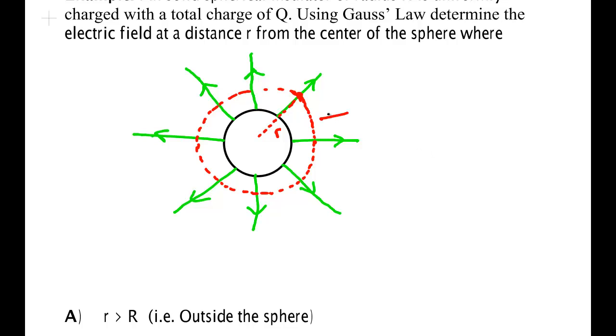That's my Gaussian surface. I'm going to want to know the electric field at each point along that surface. But by symmetry, if these lines are going out and spreading out equally, then the electric field that's related to the density should be the same at each point on this surface. The electric field is a constant.